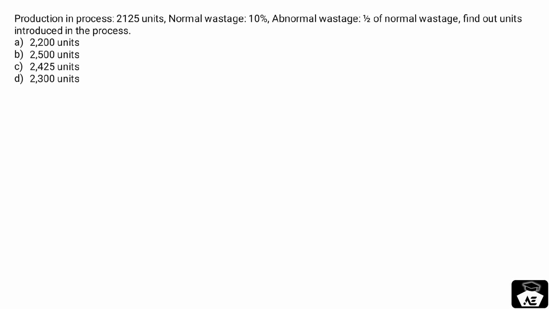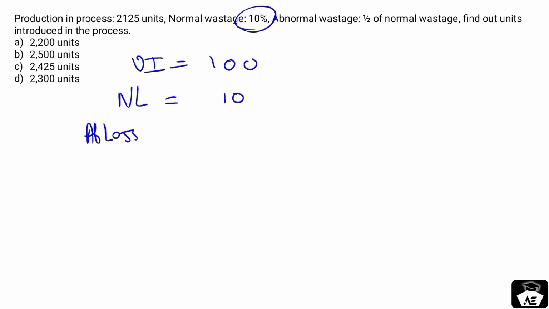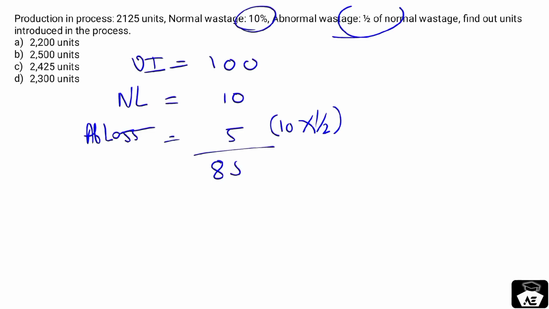Here also we have to make an assumption of 100. Suppose units introduced 100, less normal loss is 10%, so it will be 10, and again less abnormal loss. There is an indication that abnormal wastage is 1/2 of normal wastage, so it is 10 into 1/2, which will be 5. So your actual production will be 85.